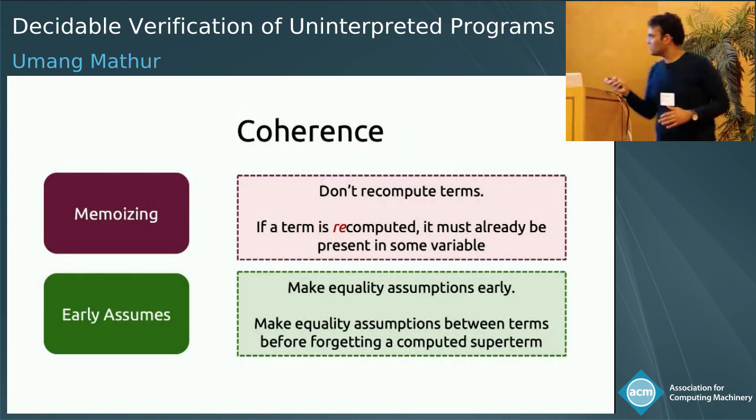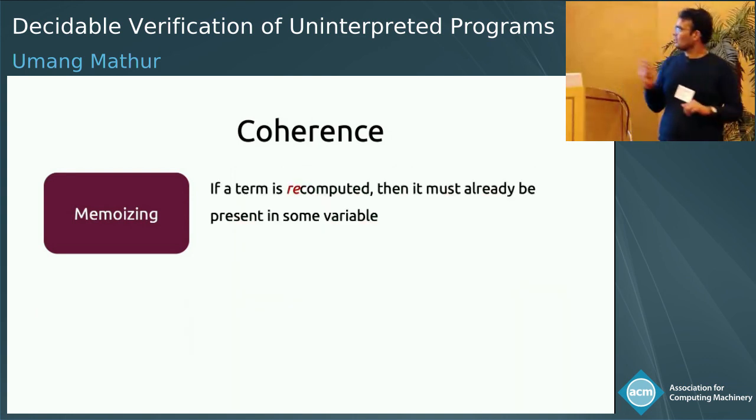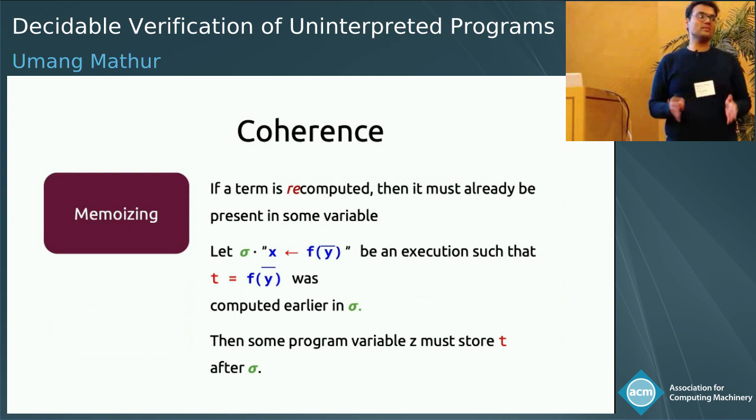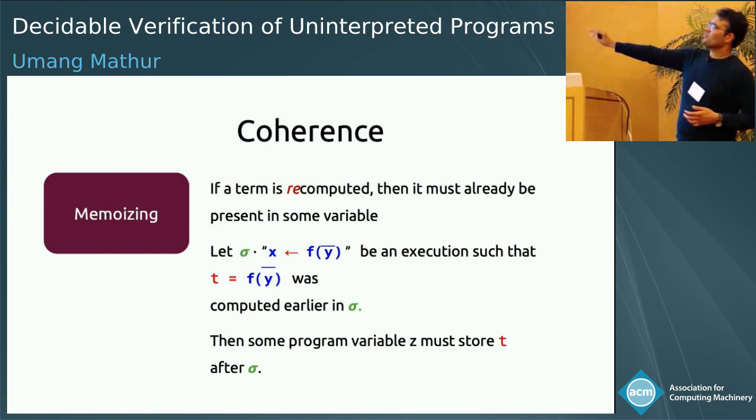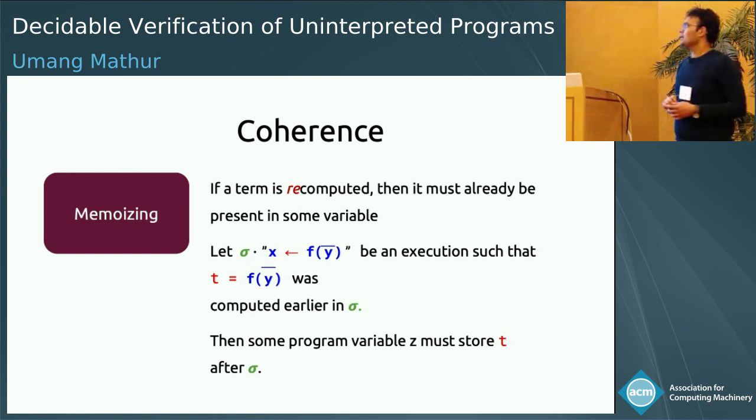Let me get back to the detailed definition. Formally, the memoizing property says that if you have an execution of the form sigma followed by the assignment f of y bar to x, let's say the term corresponding to f of y bar is t, and let's say sigma had already computed this term before.